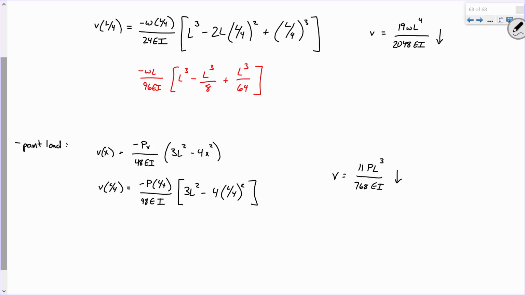So I propose that if you want to find the deflection due to both of those, I'll say V total. And there you go.